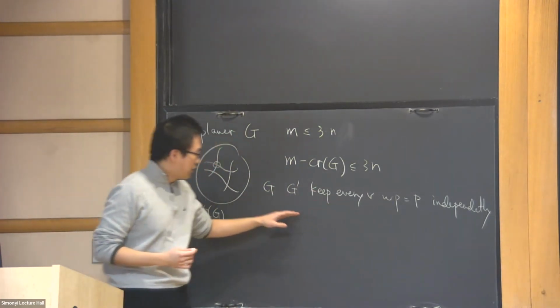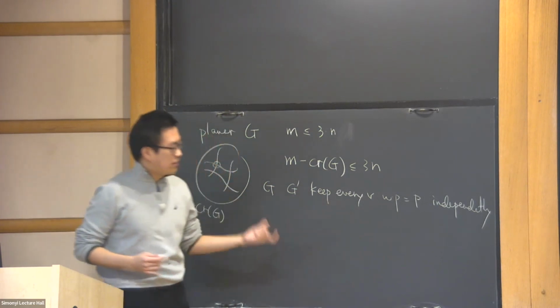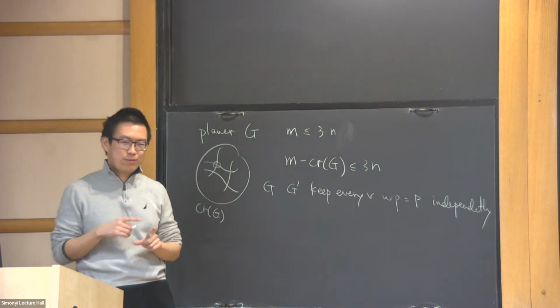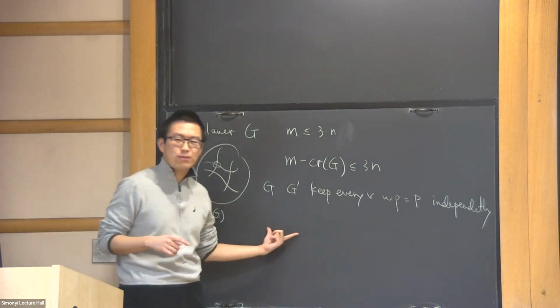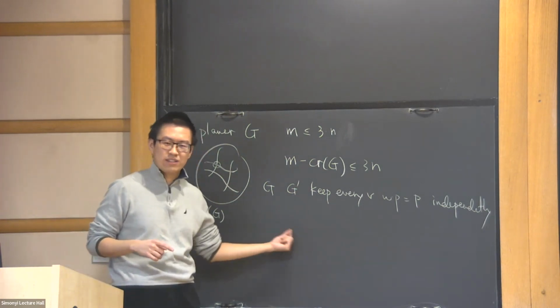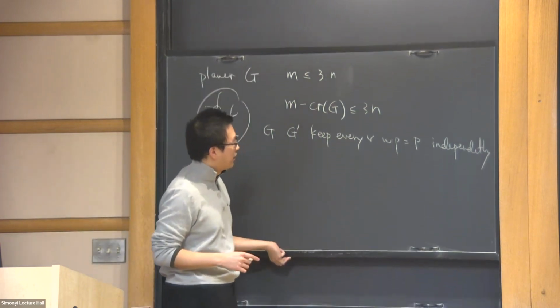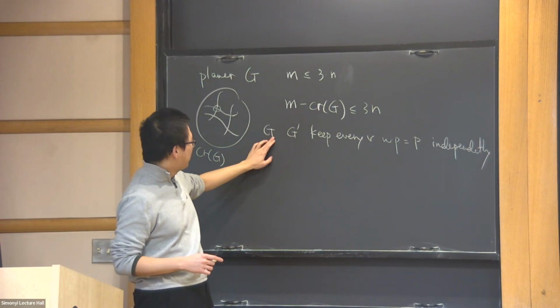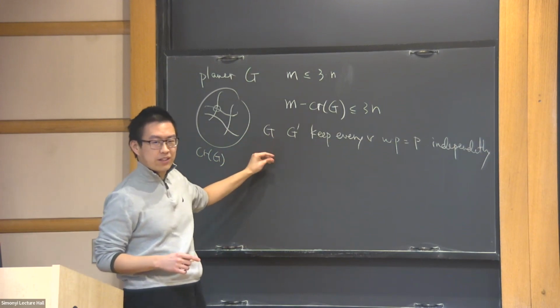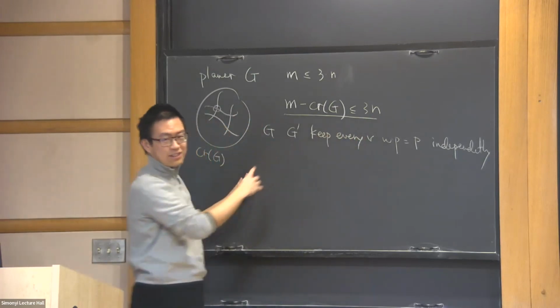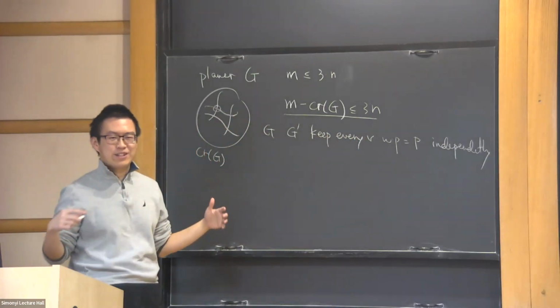An edge remains in the graph if both endpoints remain. So this is a subgraph that we extract from G, and we are going to apply this inequality to it, in an expectation way.